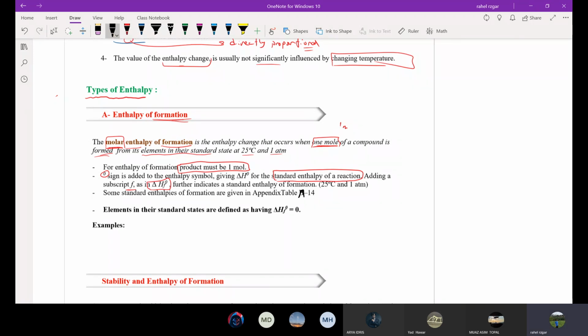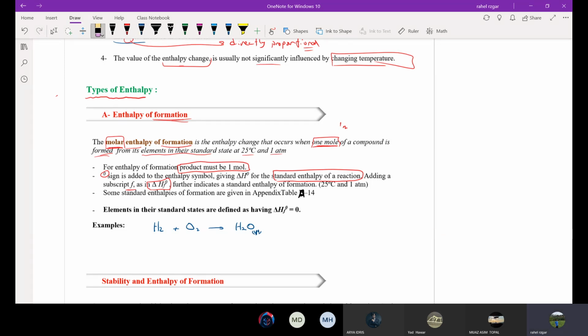Okay. An example. Let me give you an example. How can we name a delta H? Let's say hydrogen and oxygen can become H2O liquid. It must be in standard state, and the standard state is liquid.